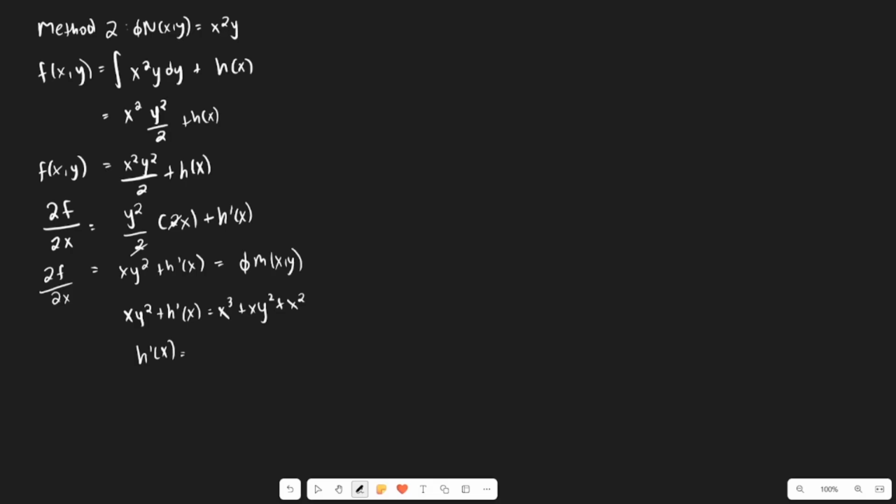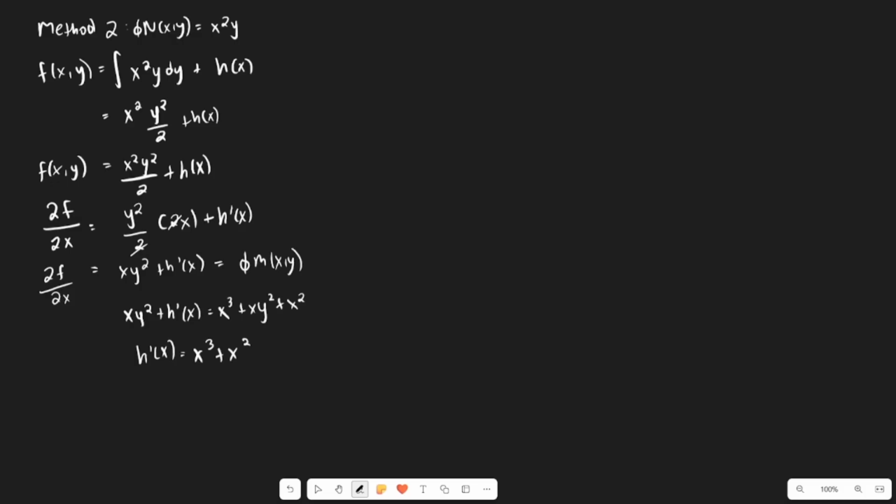So h prime of x is equal to x cubed plus x squared, since x cubed and x squared are not found in the left side. Okay, so h prime of x is equal to x cubed plus x squared.